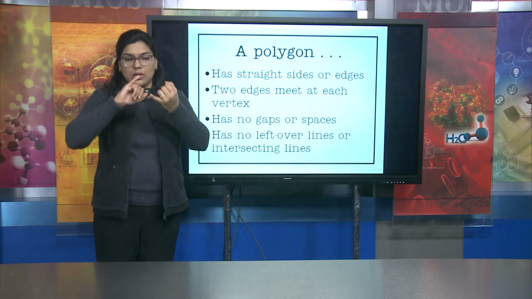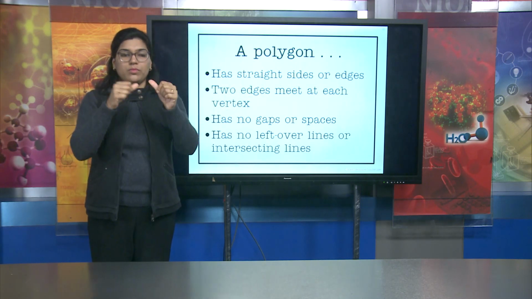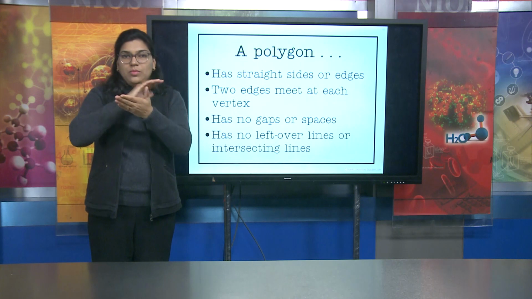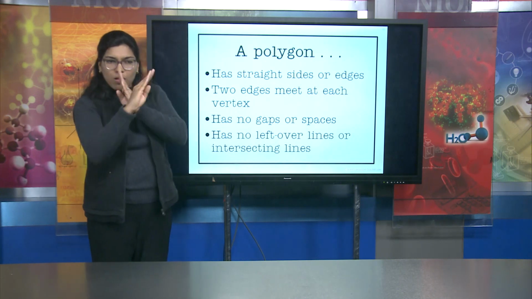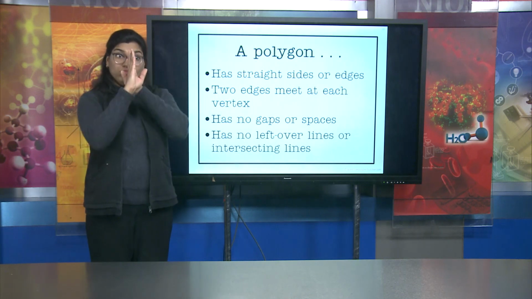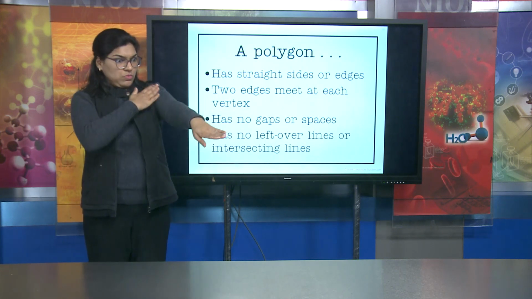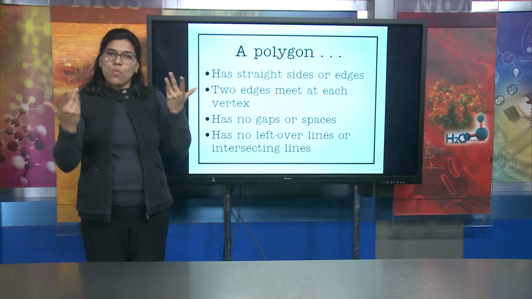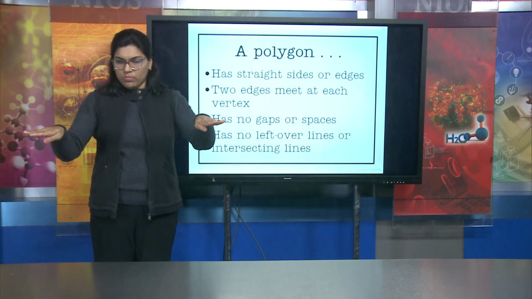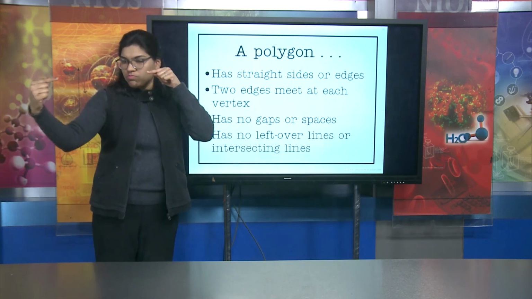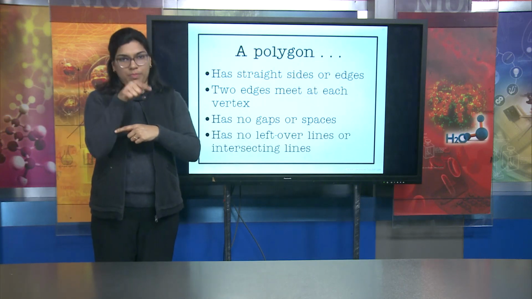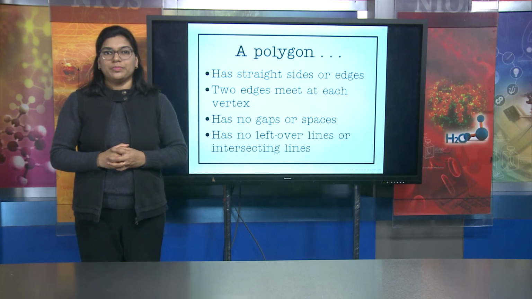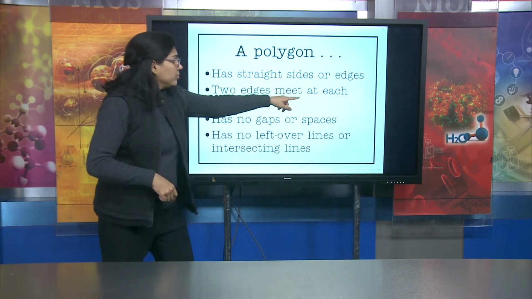When we see the word S-T-R-A-I-G-H-T, straight, we all know that its meaning is a straight line. Like we see a table, we have a pencil, which is straight. It is not curved. All the things around us are mostly straight.